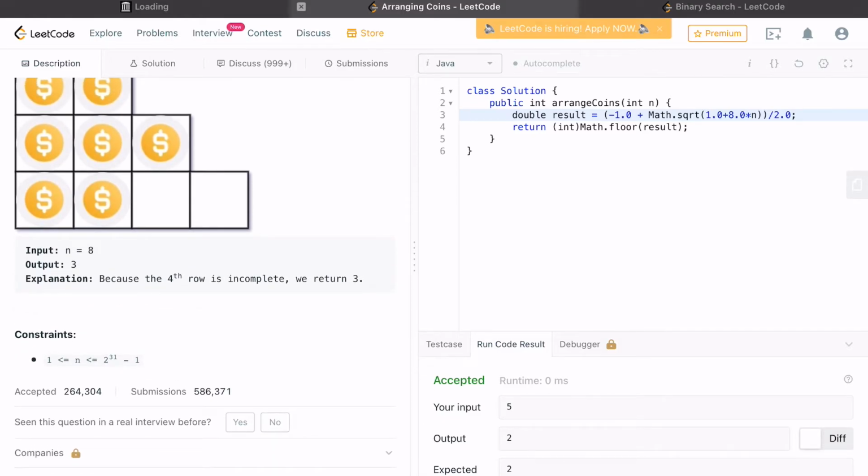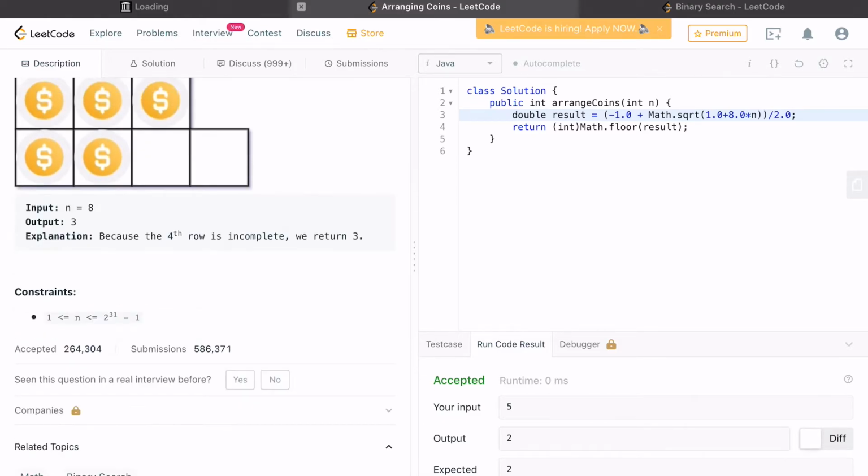If you are not very mathematically inclined, under related topics it says you can use binary search also to solve this. So how can you use binary search to solve this? If you look at the triangular numbers, 1 plus 2 plus 3 plus 4 plus 5.